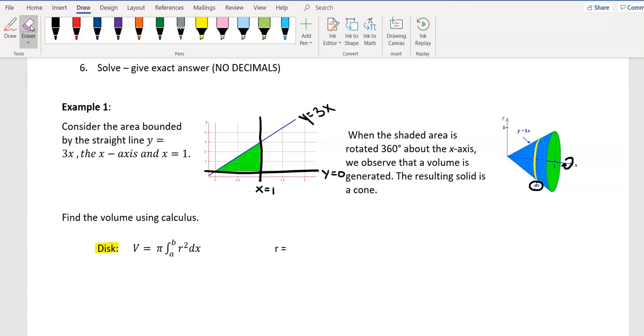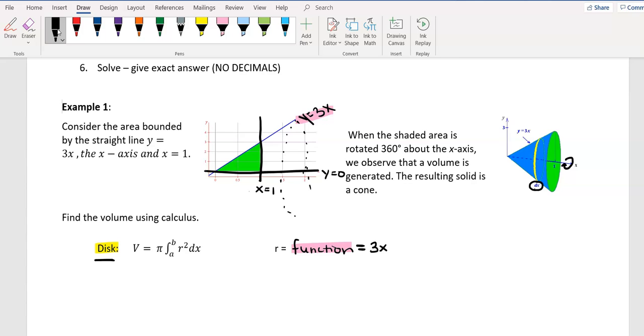Now, as described in step 3 in the process above, it says to define your radius, and since we're using the disk method, our radius should be our function itself. And the function that we're really rotating here is this lovely y equals 3x. Okay, so our function is y equals 3x. So our radius is going to be 3x because that is being rotated around the x-axis.